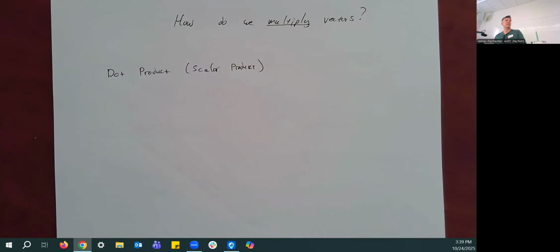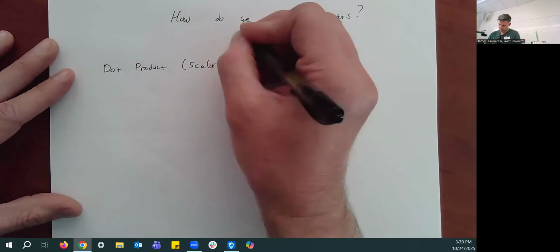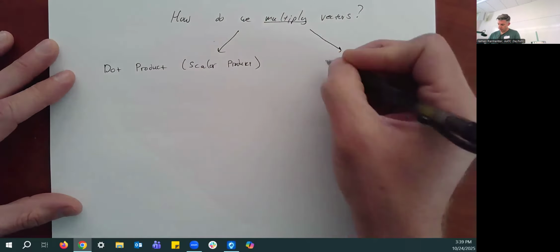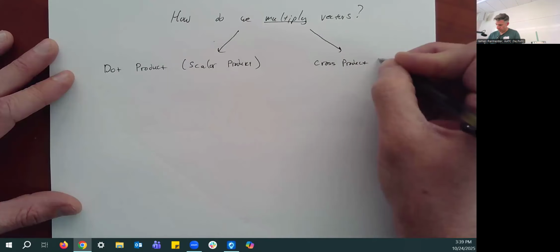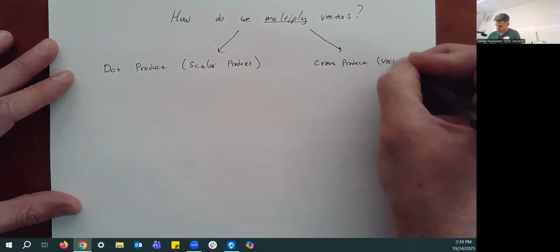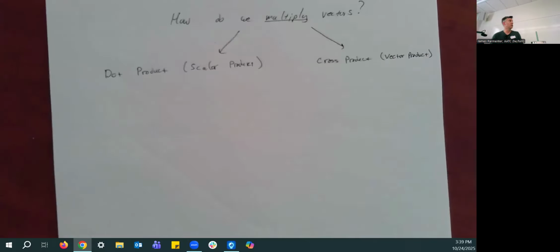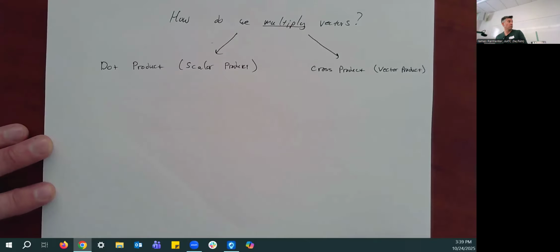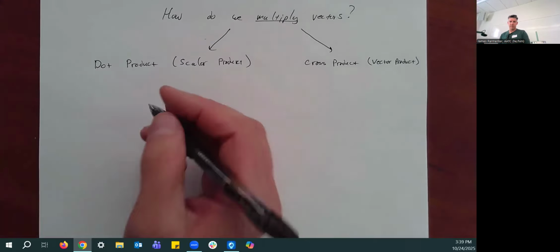It's called the scalar product because when you multiply vectors together in this way, the result is a scalar number, not a vector. On the other hand, there's also the cross product, which is also called the vector product, because when you take the cross product of two vectors, you do get a vector, which is really important in this class. But let's talk about the dot product first.